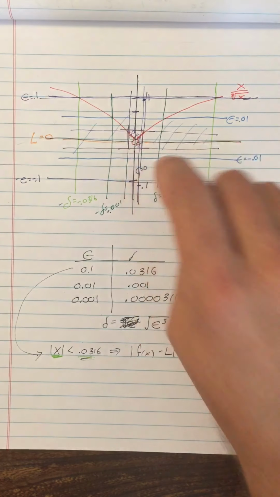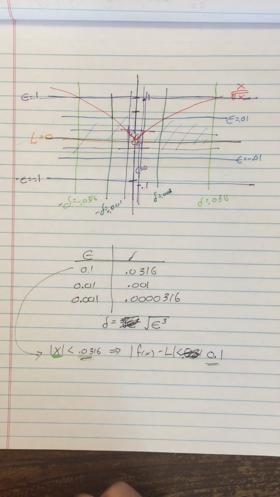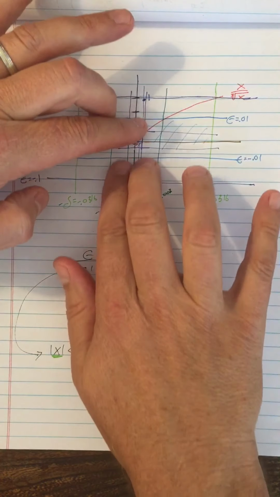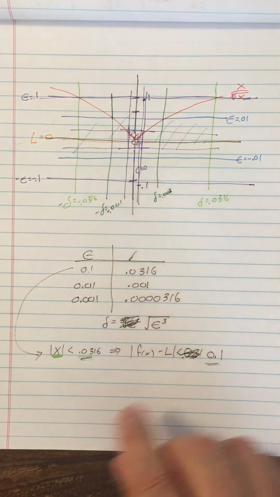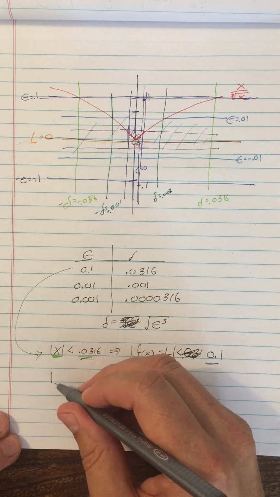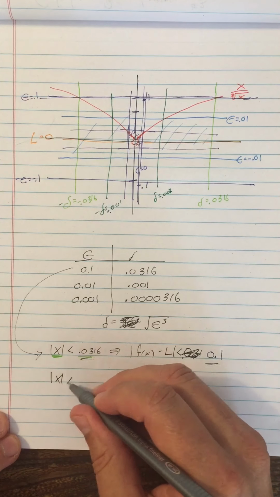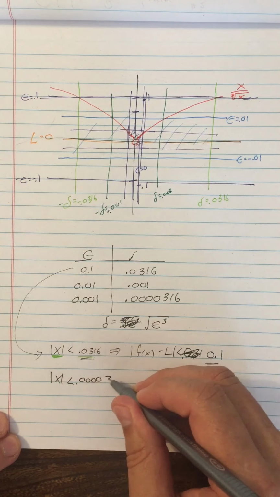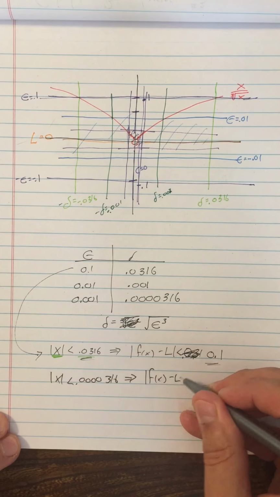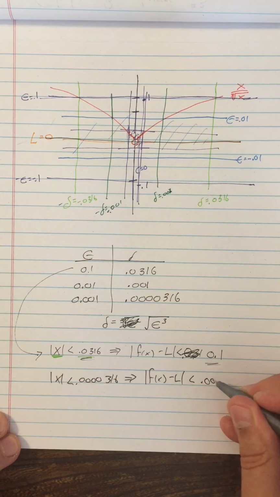The size of the hole is 0. All right, so what epsilon and delta allows us to do is get closer and closer to that hole, and say that no matter how close I get to that hole, so for that last epsilon band, I'm saying absolute value of x less than 0.000316 will ensure that the absolute value of f of x minus L is less than 0.001.